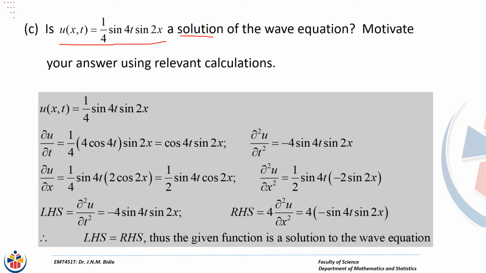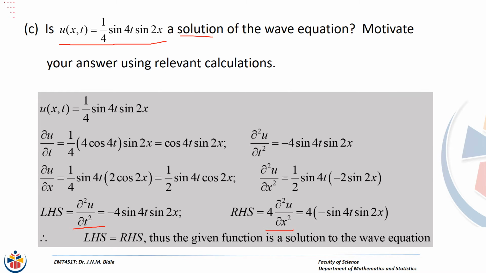The given wave equation had on the left hand side the second derivative of u with respect to t. On the right hand side it had 4 times d squared u over dx squared. So it means we have to find all the first derivatives and all the second derivatives with respect to both x and t.